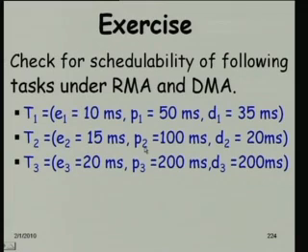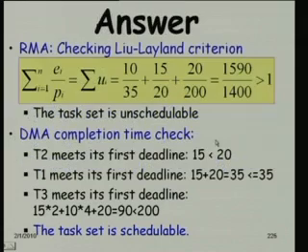But according to the deadline monotonic algorithm, T2 has higher priority than T1, isn't it? So, possibly that makes the difference. And we are checking whether T2 will meet its first deadline. So, 15 is the execution time and deadline is 20 and it meets it.